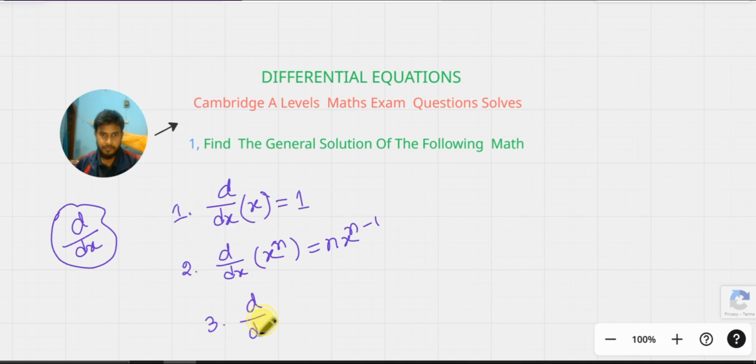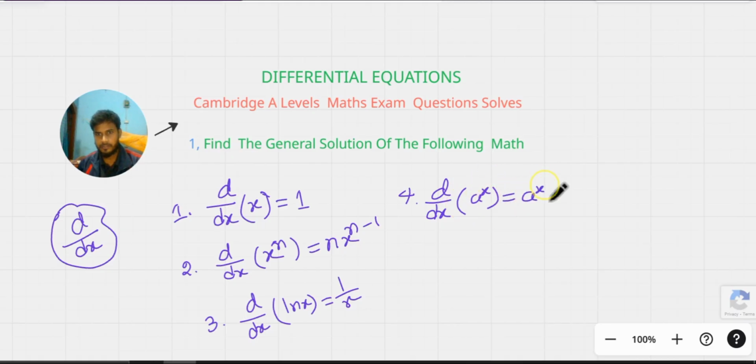d dx of ln x. If we differentiate ln x, we will get 1 by x. d dx of a to the power x, we will get a to the power x ln a.